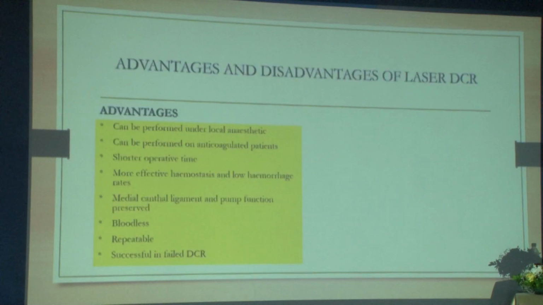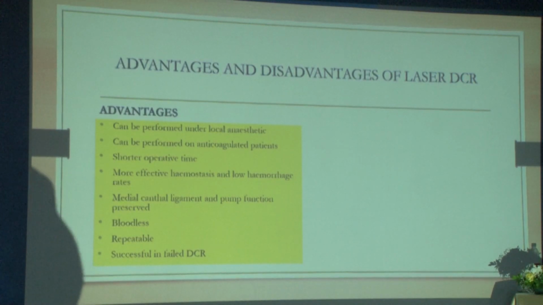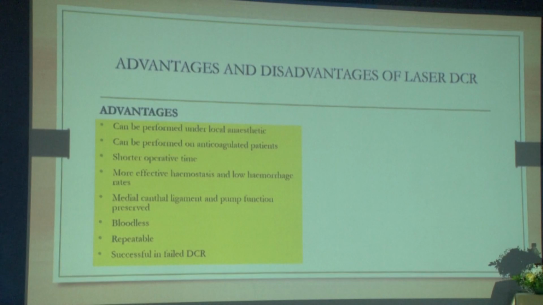punctal injury. Every surgery has advantages and disadvantages. The advantages: it can be performed under local anesthesia, can be performed in patients on anticoagulants, has shorter operative time, more effective hemostasis and a low hemorrhage rate, and it can be done in failed cases.